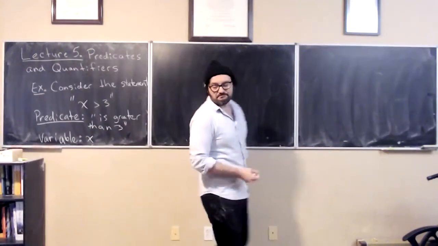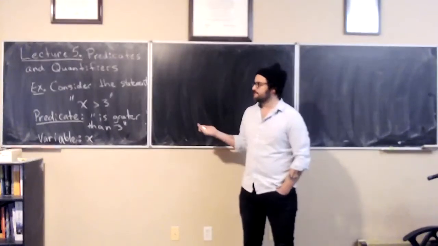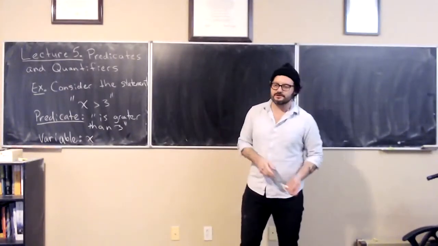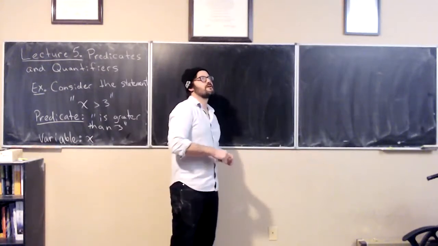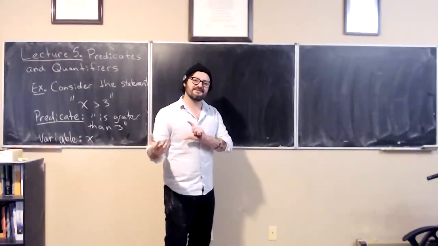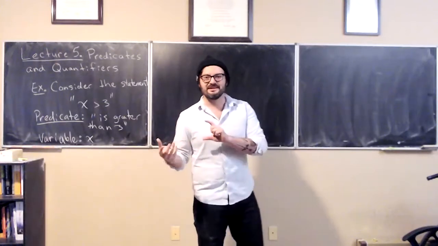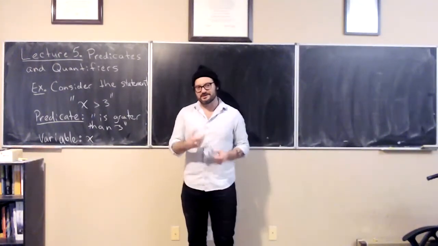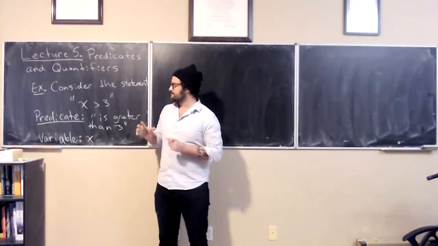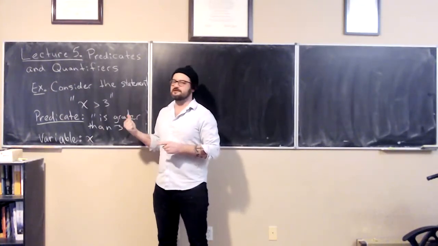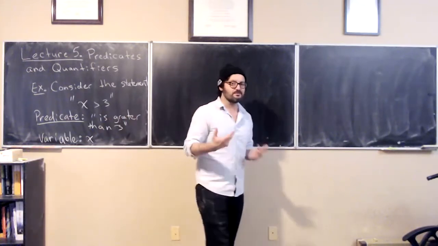And I think that this simple example illustrates what a predicate is. It's the "is" part of your declarative statement, and the thing that follows the "is" part is your variable. Now, I typically don't refer to these things as predicates and variables often when I'm talking.